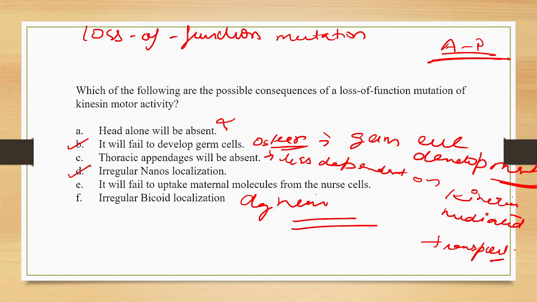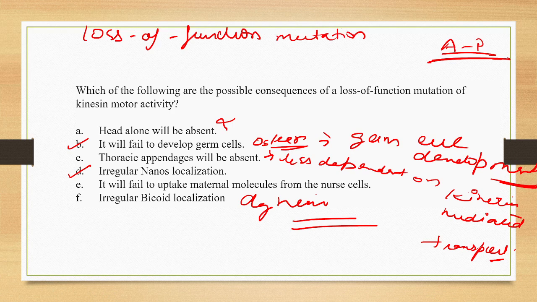I'm again repeating the statement. The movement of molecules from the nurse cell is not entirely dependent on motor proteins. Rather, it is dependent upon cytoplasmic streaming and, to a certain extent, some microtubules, but mostly on cytoplasmic streaming.